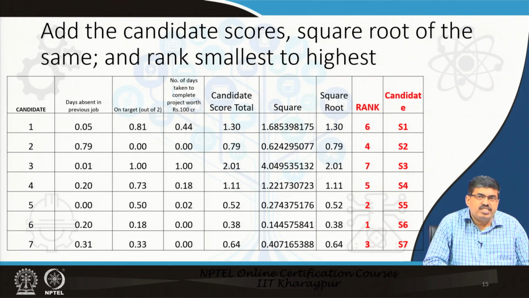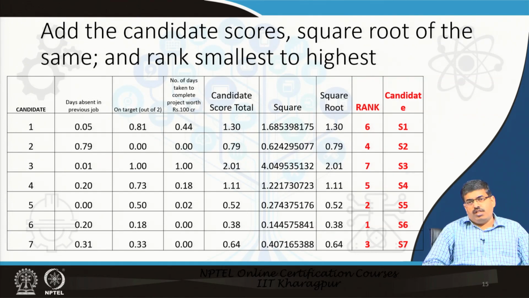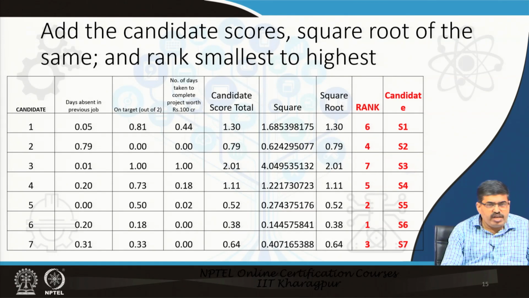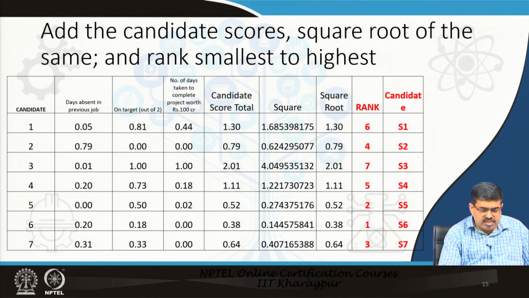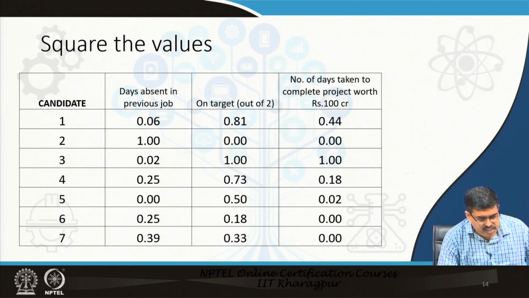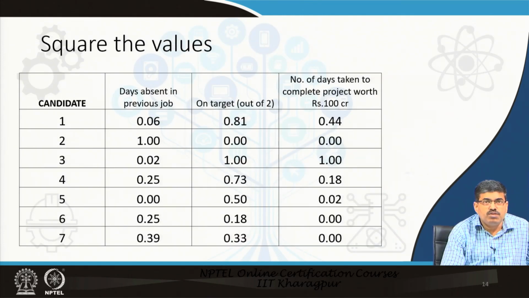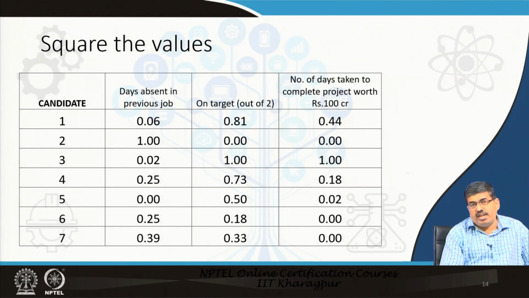Okay. Candidates have given them some score, there are documents available to verify them, and you have done some method to select these candidates. Only thing is, these 3 criteria that we have mentioned, let us say days absent in previous job, on target, number of days taken to complete a project, here we are giving equal weightage, okay.